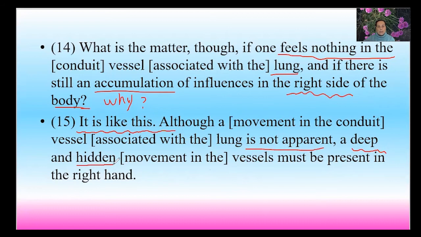Hiding still means deeper, very deeper. The very deep kind of pulse will be on the right side of the hand. So that means another situation: even if we couldn't feel the noted pulse, generally the right side pulse will be deeper.